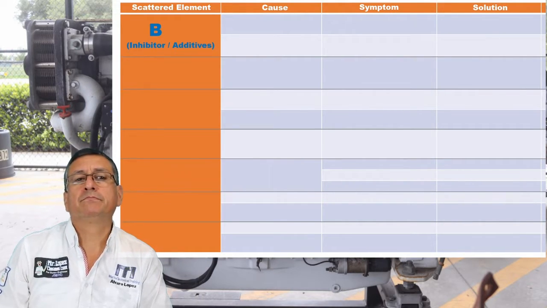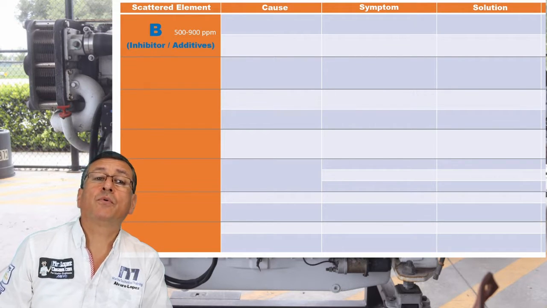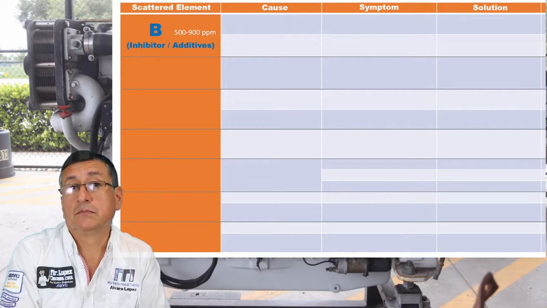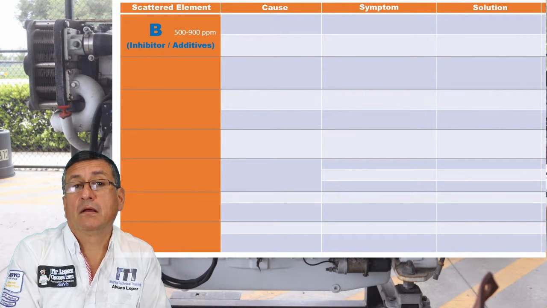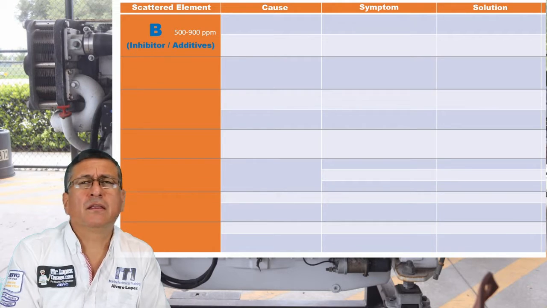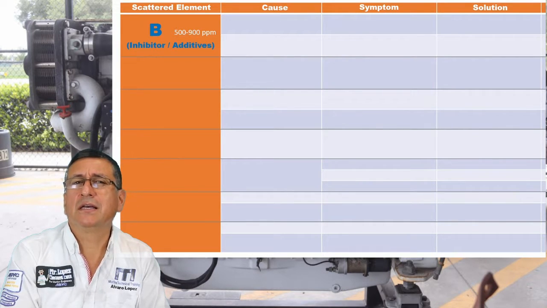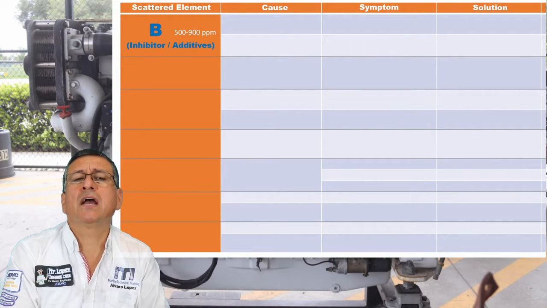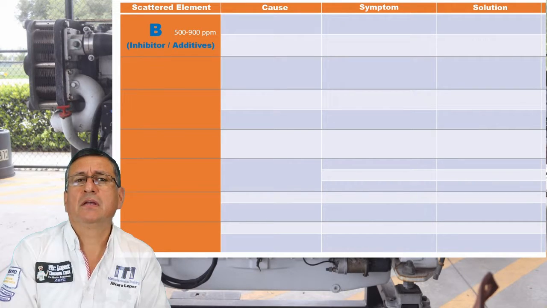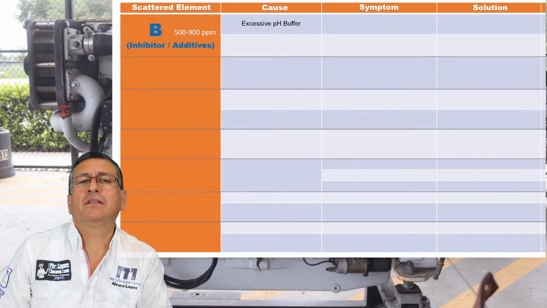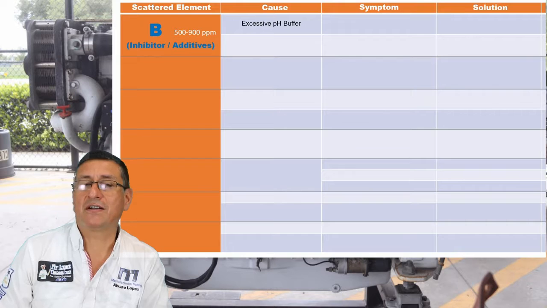Alright, the barium possibilities. The composition of barium is in between 500 and 900 parts per million. In between 500 and 700 probably is normal. In between 700 and 900 is excessive amount. More than 900 is critical. Okay, my friends, this is the recommendation. It's coming because you have too much additives, excessive amount of pH buffer.